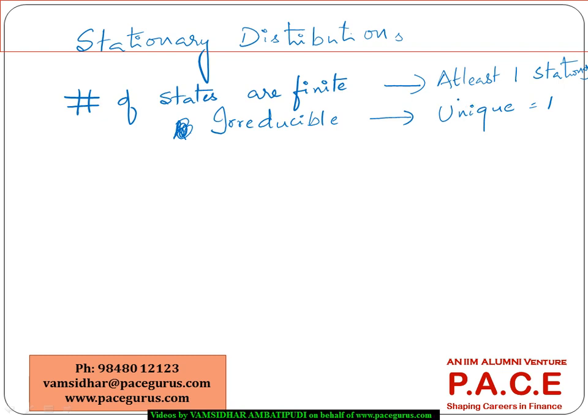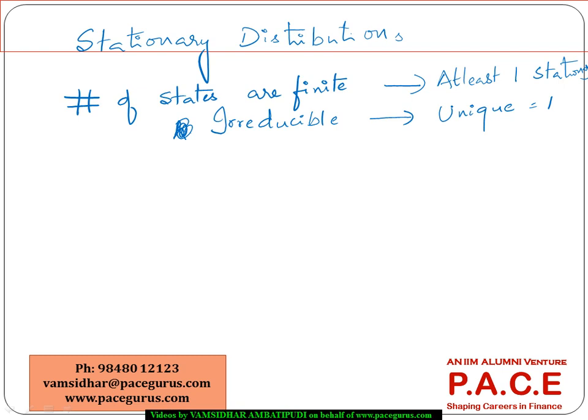Right? So, if the number of states is finite, you will find at least one stationary distribution, but along with the finite number of states, if the Markov chain is irreducible, meaning every state is reachable from every other state, then it is going to have a unique stationary distribution only.